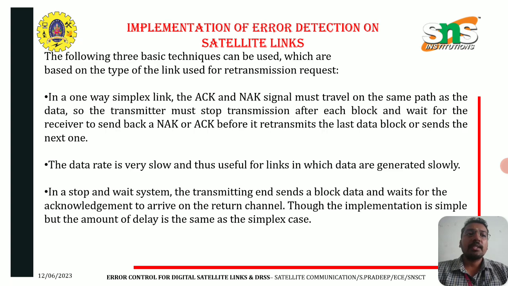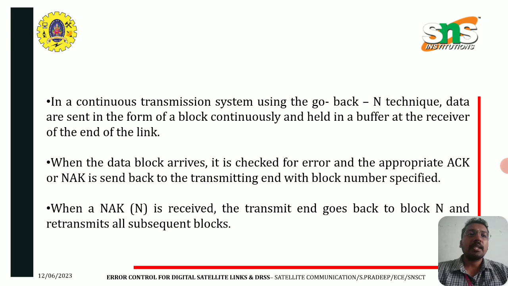In a stop and wait system, the transmitting end sends a block of data and waits for the acknowledgement to arrive on the return channel. Though the implementation is simple, the amount of delay is the same as in the complex case. In a continuous transmission system using the go-back-N technique, data are sent in the form of blocks continuously and held in a buffer at the receiver end of the link.